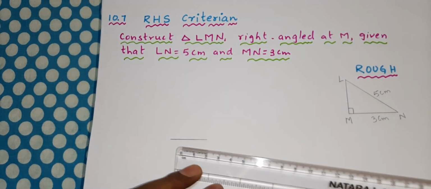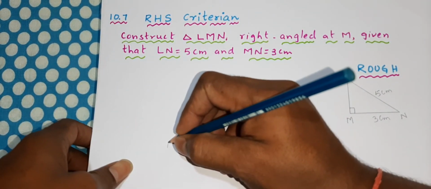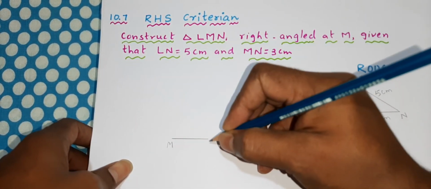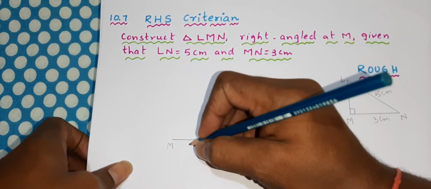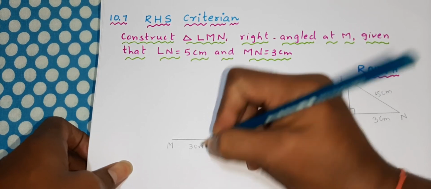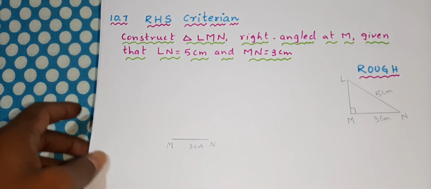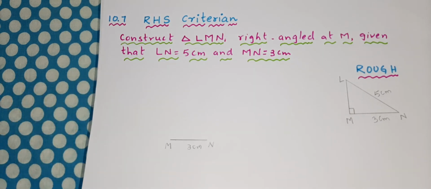So this is MN, 3 centimeter. So this is M, this is N, 3 centimeter. Clear? Now at M we are going to construct 90 degrees.